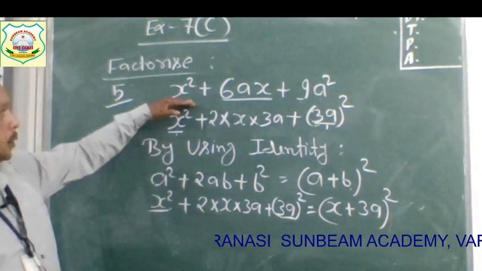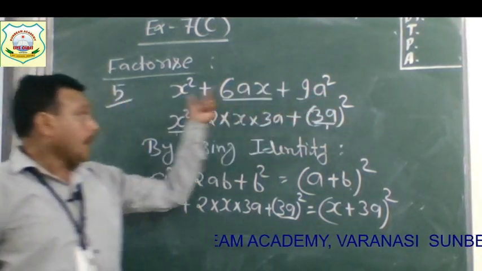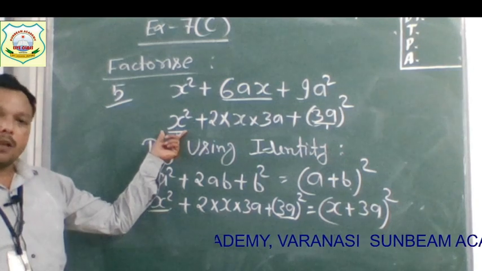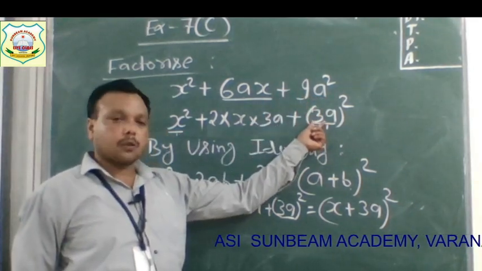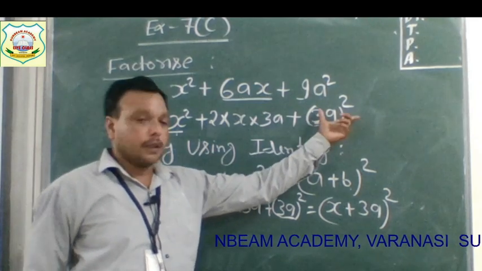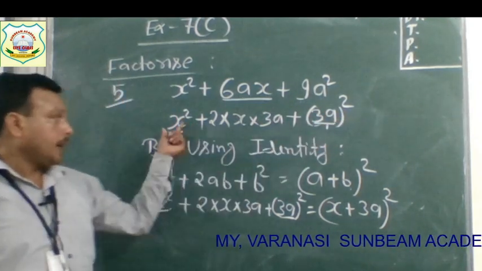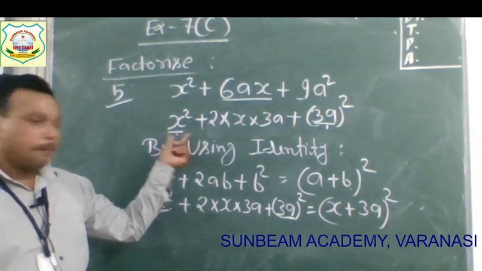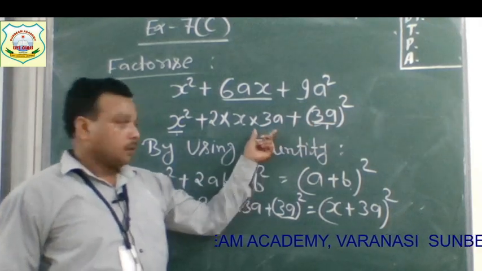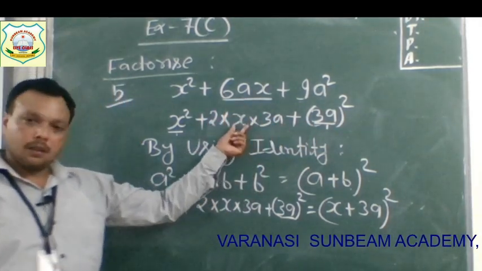Again, x square plus 6ax plus 9a square is given. x square is the form of a square, and 9a square, 9 is the square of 3, so 3a whole square. So a square and b square we have got. 2ab, a is x only and b is 3a, so 3 times 2 is 6, 6ax, we have got it.